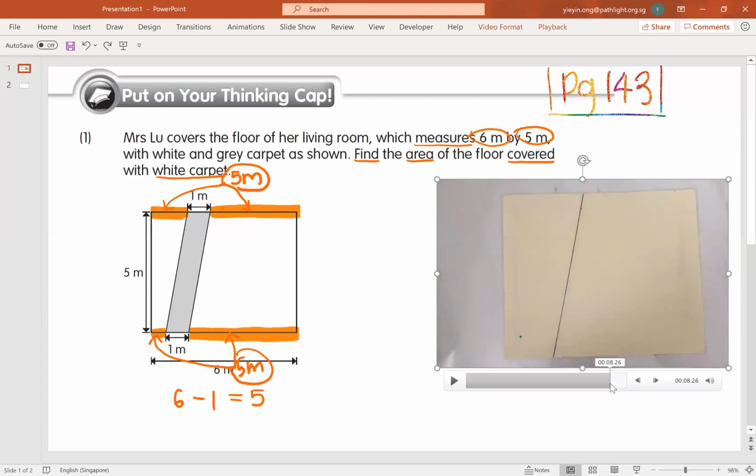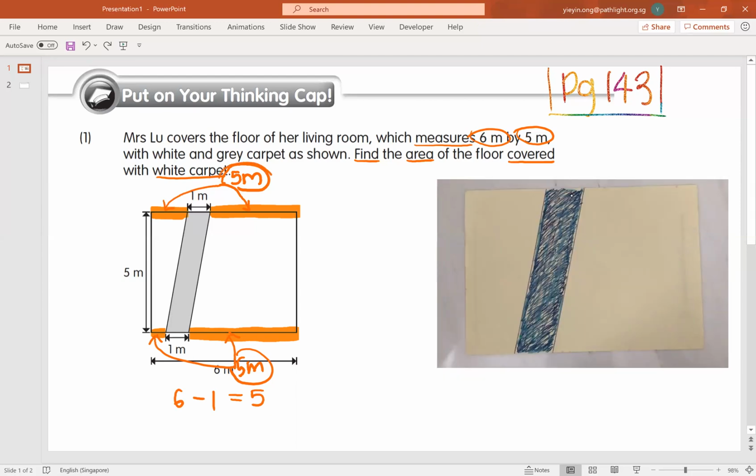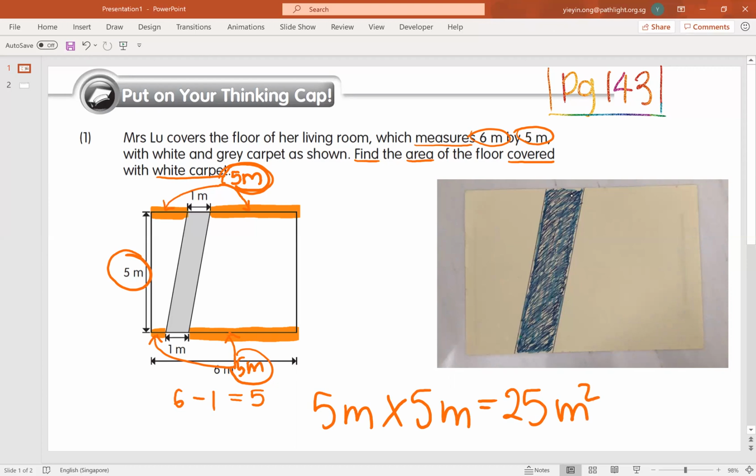To find the area of this rectangle, the white part, I need to take the remaining length, which is 5 meters, multiplied by the breadth, which is unchanged, 5 meters. So it gives me a square now. 5 meters multiplied by 5 meters gives me 25 square meters. And that is my answer.